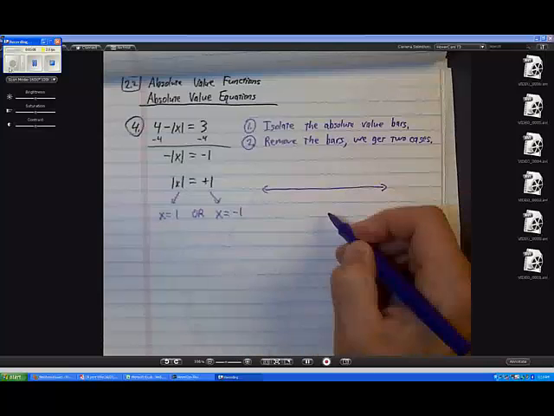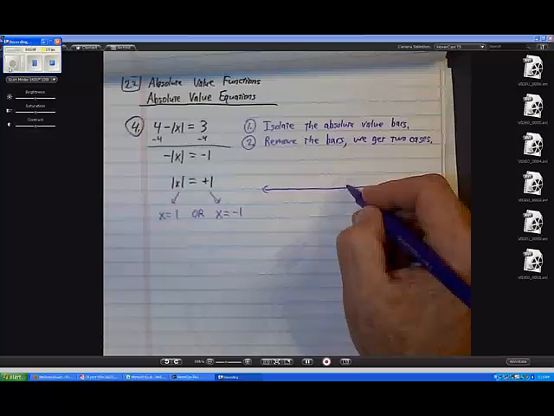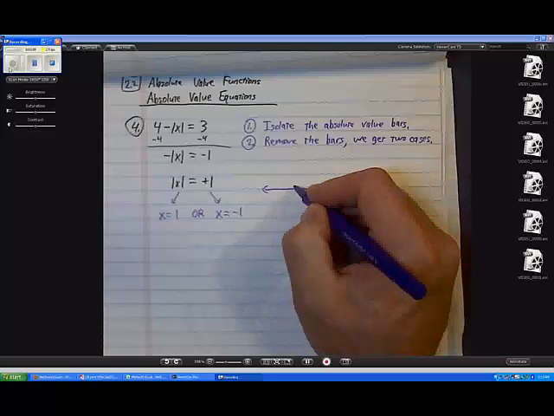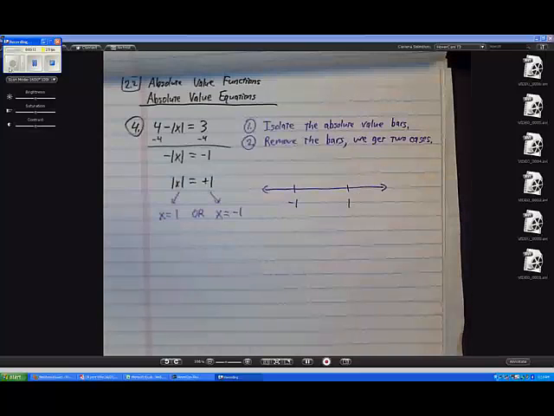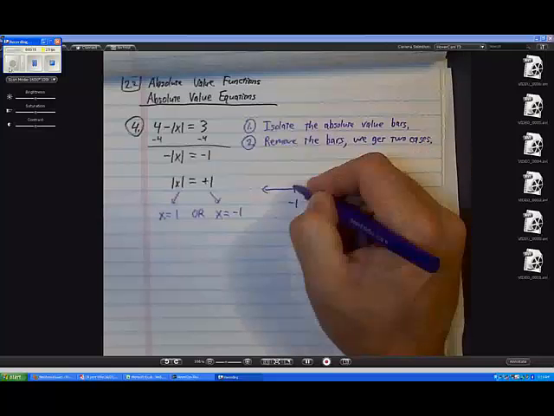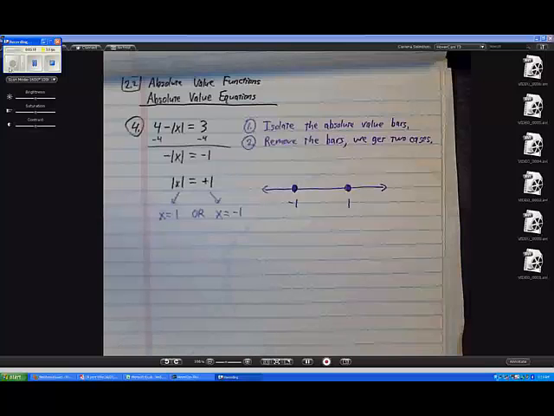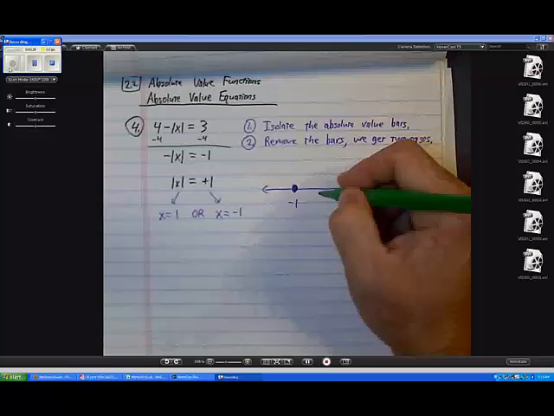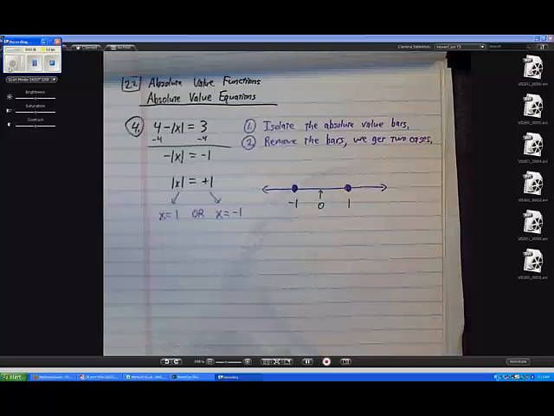So I like to graph 1, and I like to graph -1. And I like to put those there. And the other thing I like to do is talk about the point that's directly between the 2 solutions, which in this case is 0, right? 0 happens to be right there.